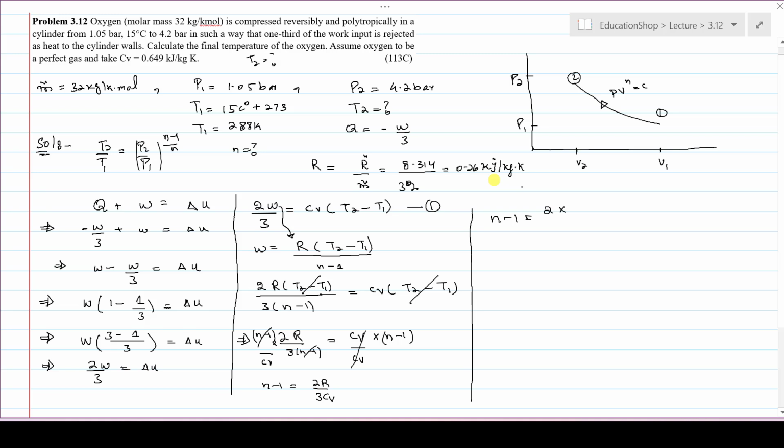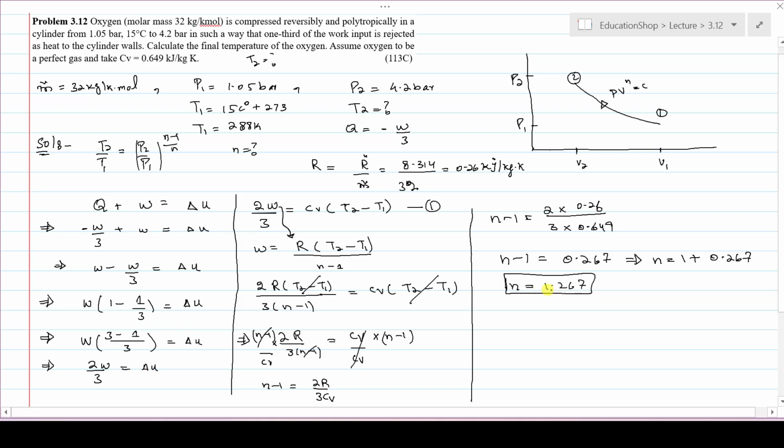R is 0.26, and 3 multiplied by the CV value for oxygen, which is given as 0.649. After solving this you will get n minus 1 equal to 0.267. Also, n is equal to 1 plus 0.267, so n is 1.267.